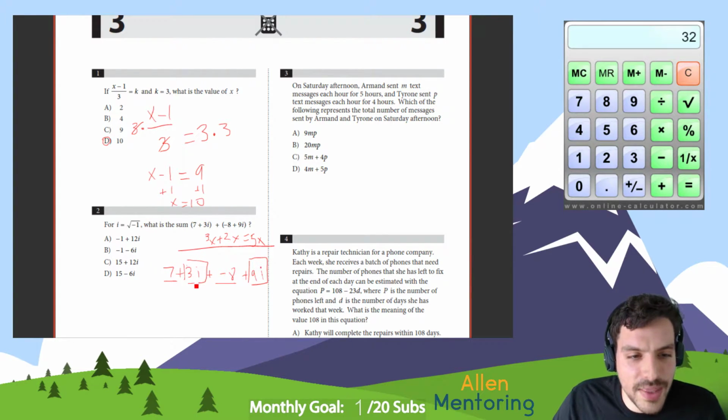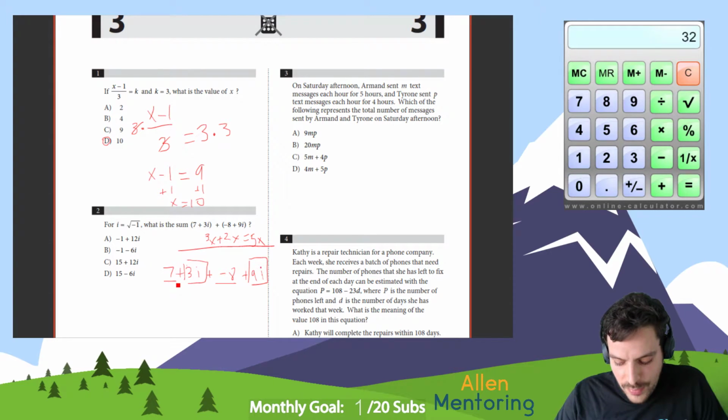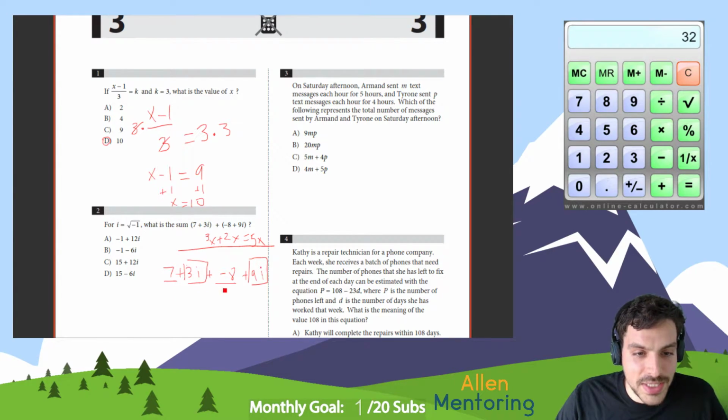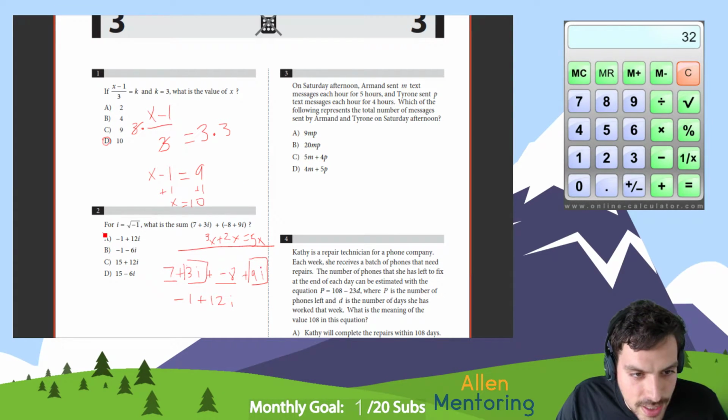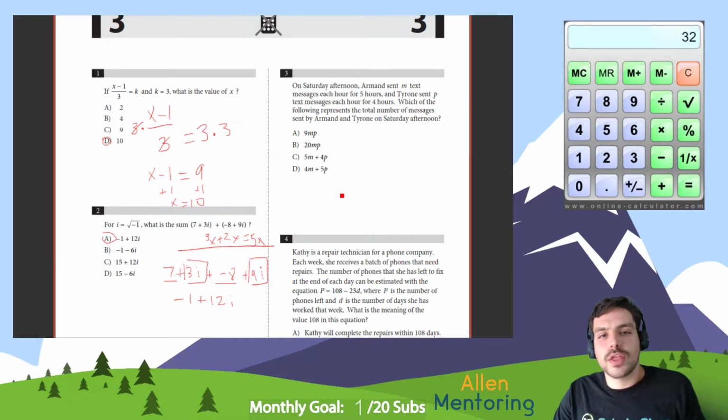So we'll just combine them individually. We have 7 plus -8 is equal to -1, and 3 plus 9 is equal to 12, so 3i plus 9i is equal to plus 12i. And bam, we got A as our answer, and we're steamrolling through.